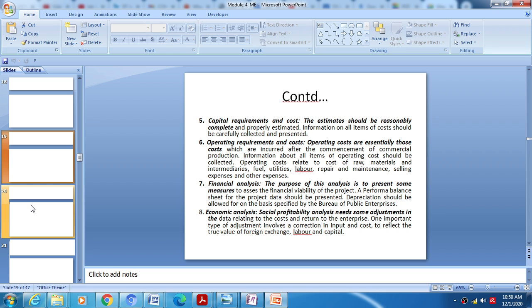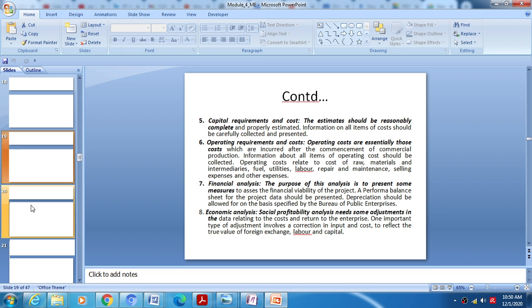The next one is economic analysis. Social profitability analysis needs some adjustments in the data relating to the costs and return to the enterprise. One important item of adjustment involves correction in input and cost to reflect the true value of foreign exchange, labor, and capital. So basically, economic analysis in general means how this project is going to contribute economically to the nation.